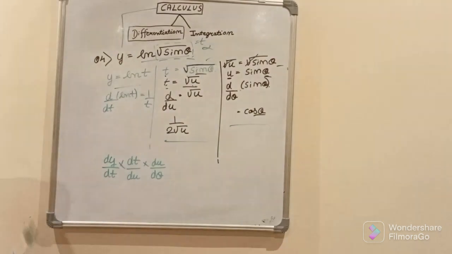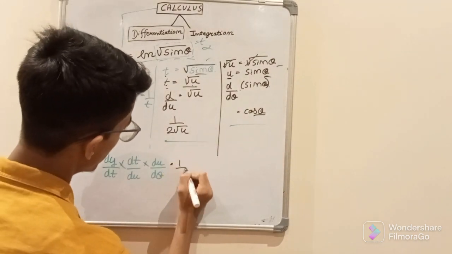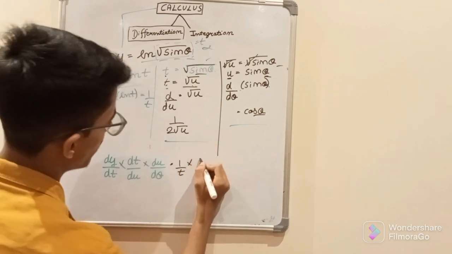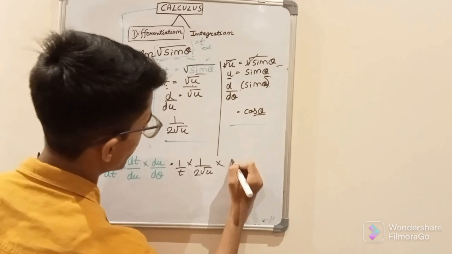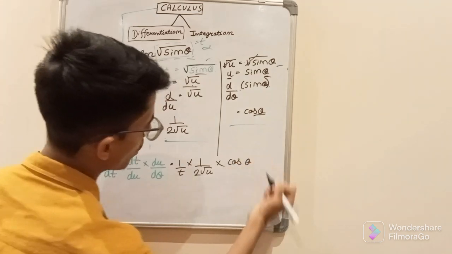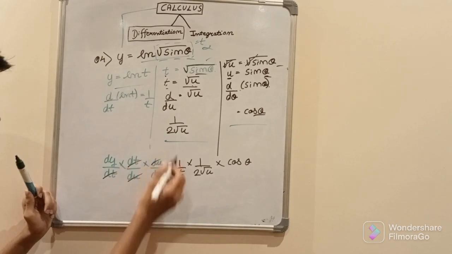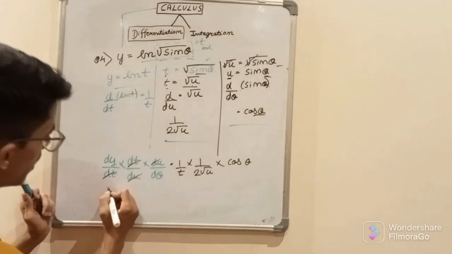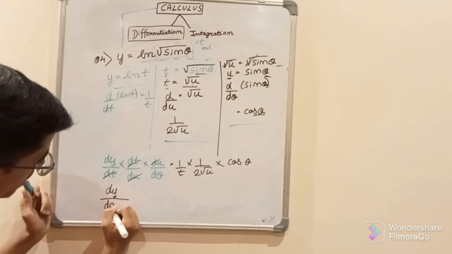Now we'll write the values, that is 1 upon t multiplied by 1 upon 2 root u multiplied by cos theta. Now this t and u will cancel out each other. Now we are left with dy upon d theta.